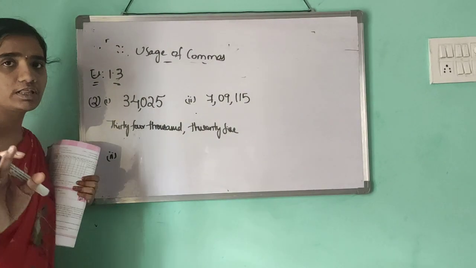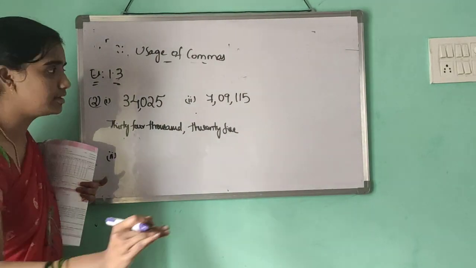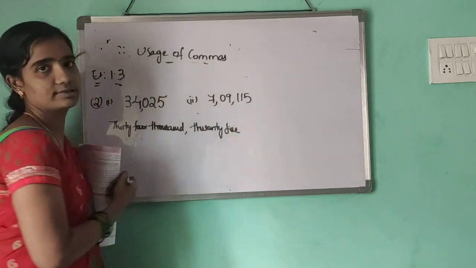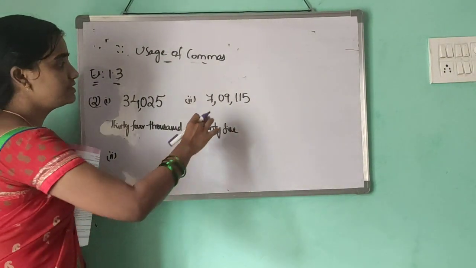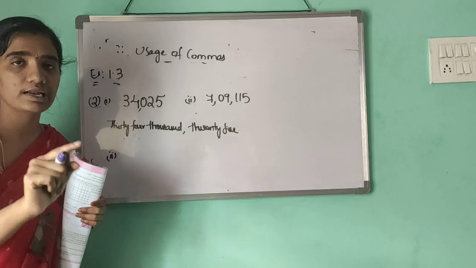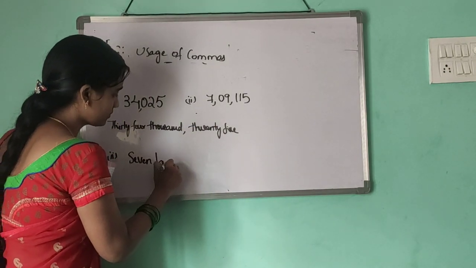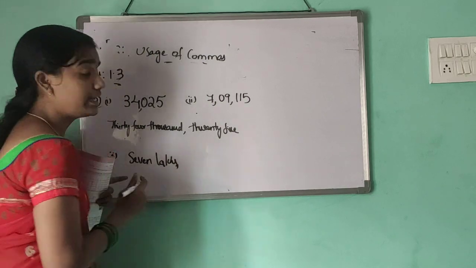Coming to the second. In this also we have to check how many digits and how many commas there are. Here ones, tens, hundreds, thousands, 10,000, lakhs: 7 lakhs. Which is the first position? The lakhs position. Which number is there? 7. So 7 lakhs.